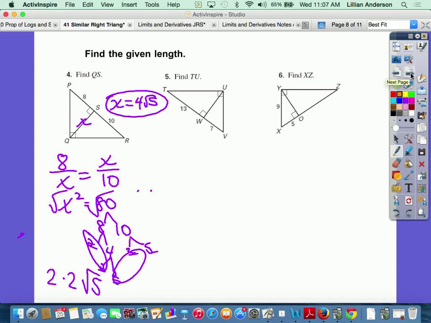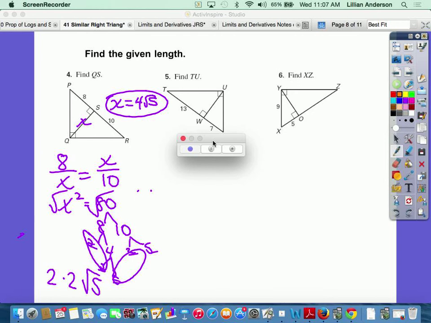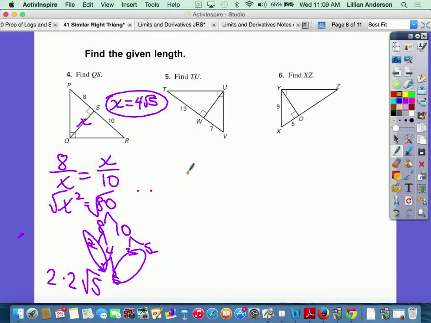Over here, find TU. I want you guys to try to set it up and solve for TU, okay? Which part of the hypotenuse is right next to the leg you're trying to find? 13. Because TU is the leg I'm looking for. So for the part of the hypotenuse, I have to choose between 13 and 7.